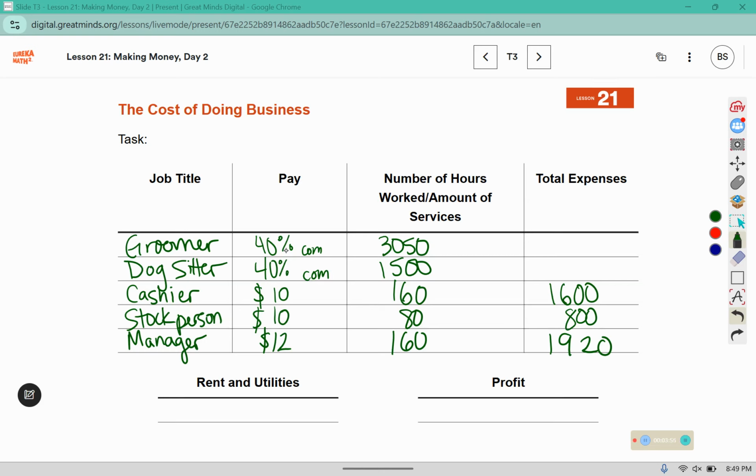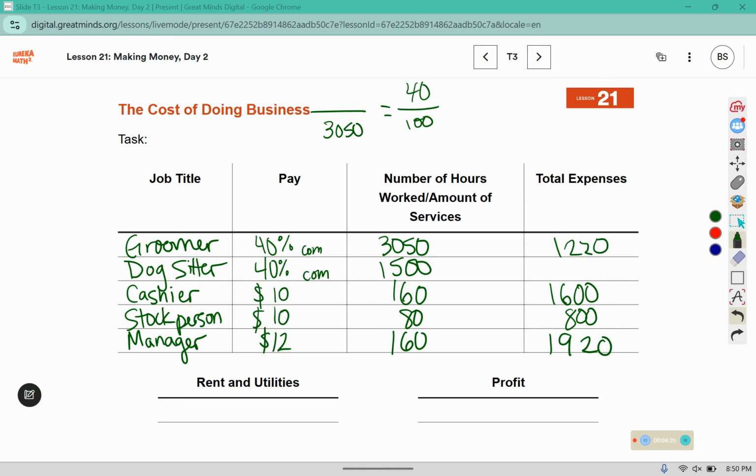So if we're going to do 40% of that, 40 times 3,050 divided by 100 is 1,220. Now that's based on the amount for the services, but not necessarily the amount of profit from the services.